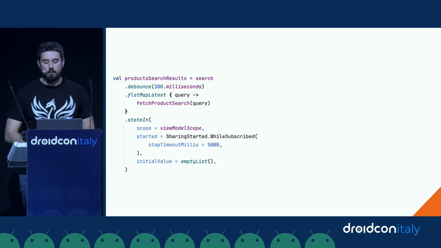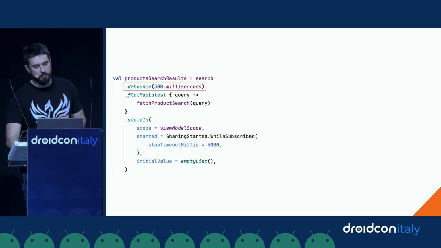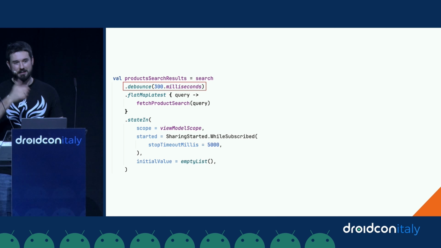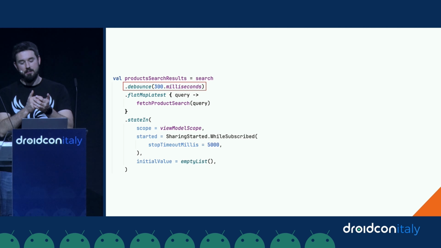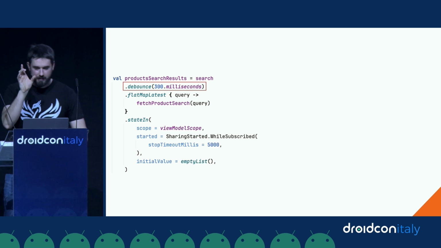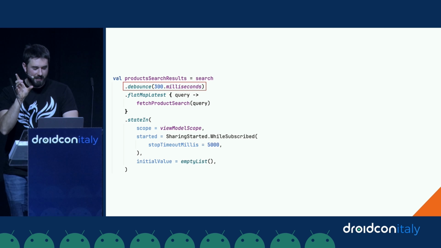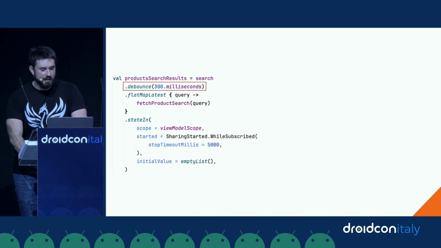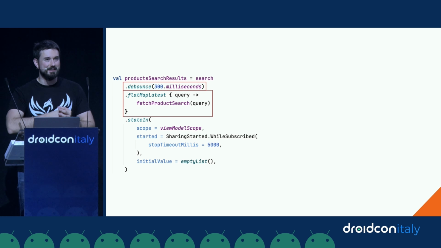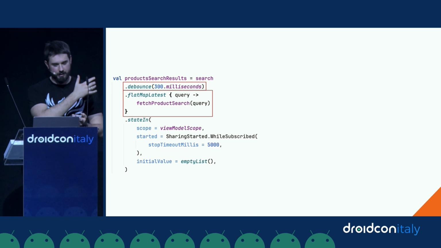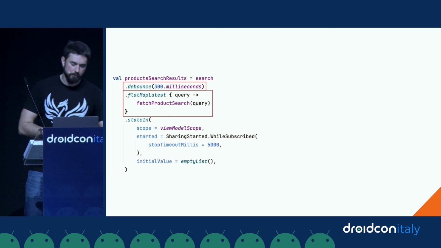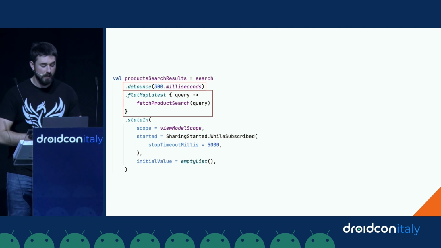For that, we typically use debounce first of all, to not start a new process on every single click. This eliminates the intermediate processes. After the last click, there is like a 300 millisecond gap before we start fetching the product search. And there is flatMapLatest, which is a flatMap that cancels the previous flow when a new one appears. So it is most appropriate for this use case.